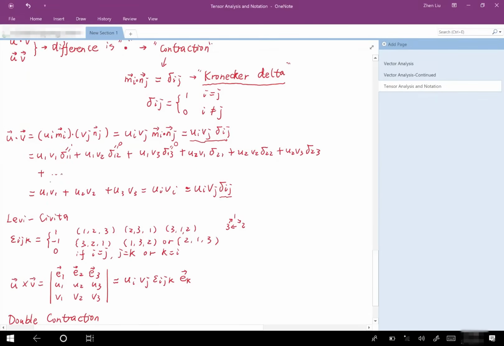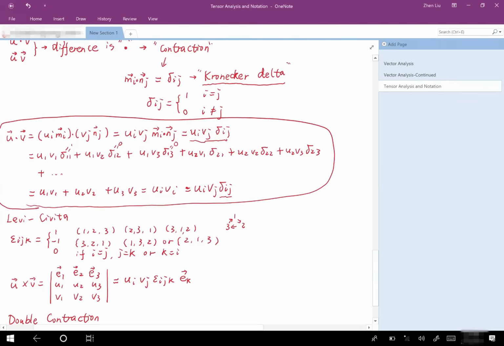You can see that I spent some time here to explain what happened. So you can see that's how we get from here to here. Because this one equals this one, we can reach one conclusion: to get rid of a delta_ij, just assume that i equals j. Replace i with j, or replace j with i. It does not matter.